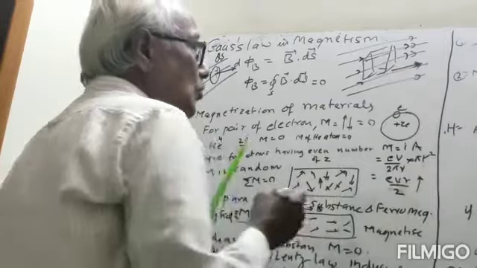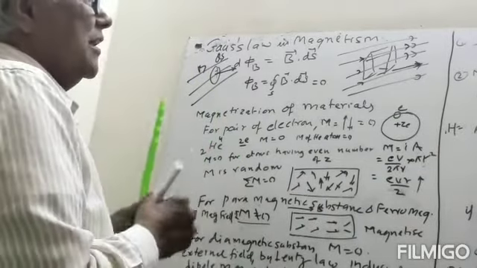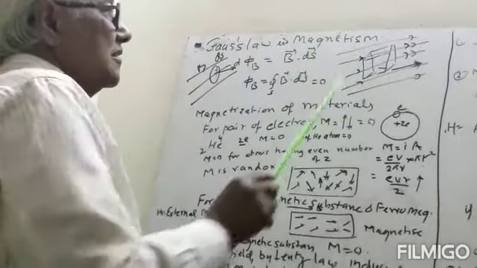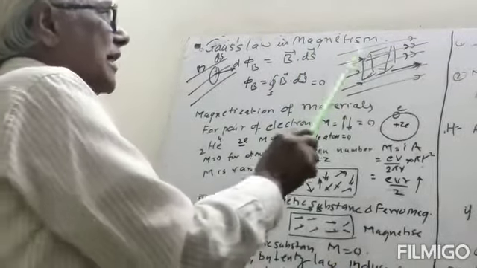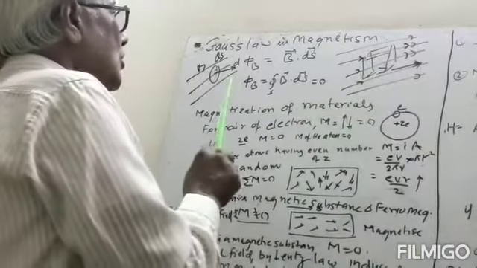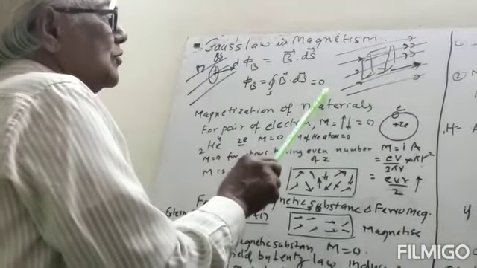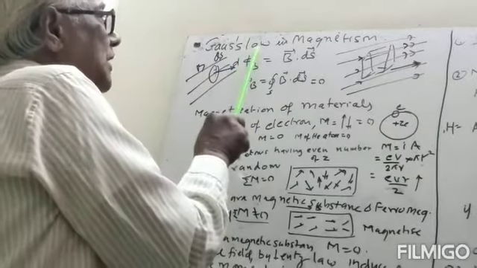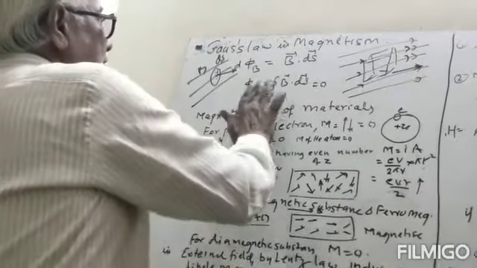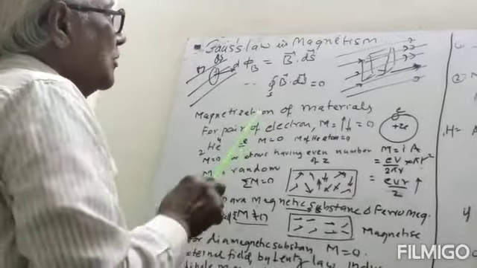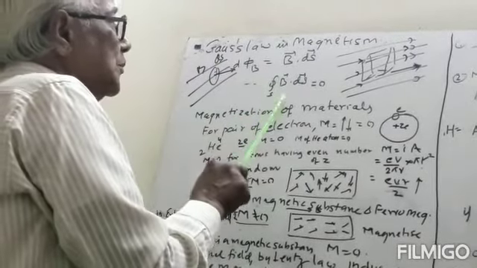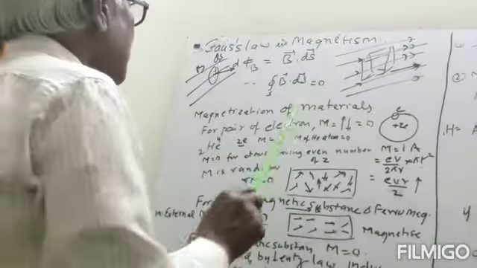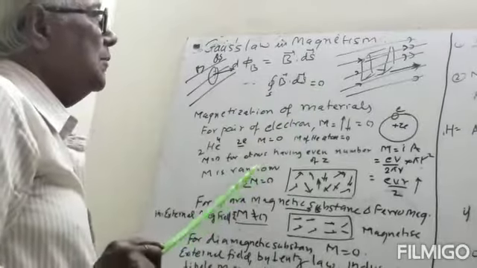So the net magnetic lines inside this enclosure is 0, so the magnetic flux will be equal to 0. Therefore, Gauss law can be written as the surface integral of B dot ds equal to 0. So this is the Gauss law for magnetism.